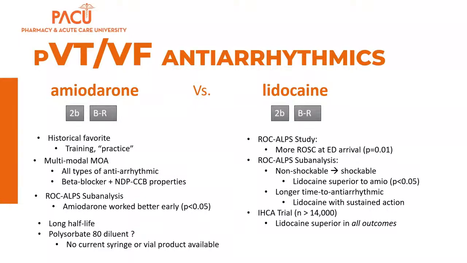If you see a vial in your ED or a dosed syringe, like a cardiac-dosed amio syringe, that is free of polysorbate, please let me know, because to my knowledge the only amio products that are free of this polysorbate 80 are in a bag form, like a 450 to 500 mL bag, not available in vial.